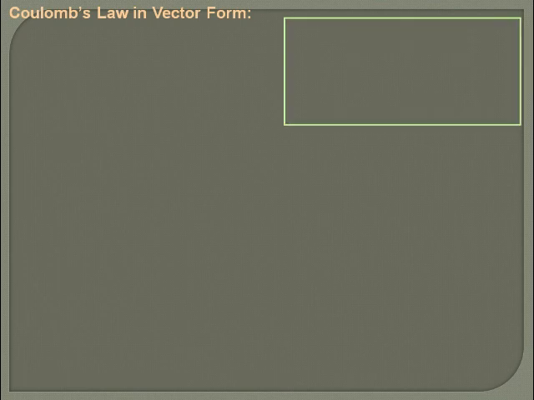So for that we are considering two charges q1 and q2, and the separation between them is r. These charges are placed in vacuum, and both the charges are of the same polarity, positive polarity. Now in order to give the direction, we have to define the unit position vector.